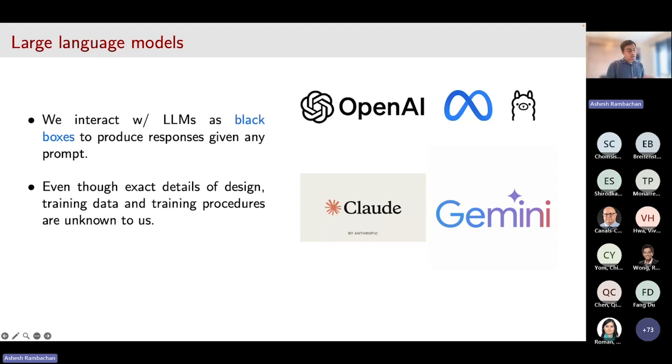Rather than trying to directly model the inner workings of a large language model, this framework models a large language model exactly as empirical researchers interact with them. In particular, we interact with them as black boxes that produce responses given any prompt, even though we don't really know the exact details, training data, or procedures used to produce, say, GPT-5.